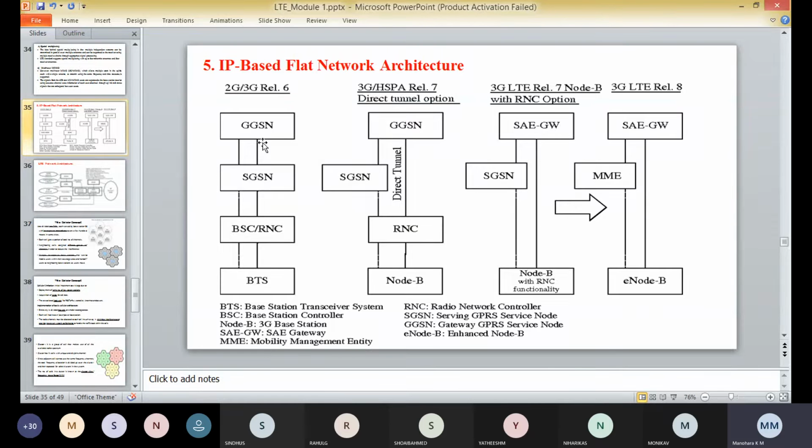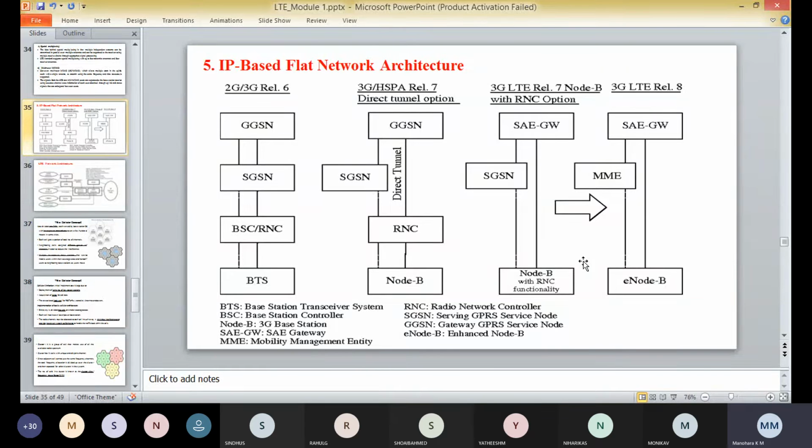LTE on the other hand will have only 2 network elements in the data path: the enhanced Node B or eNode B, and a system architecture evolution gateway, that is SAE GW.